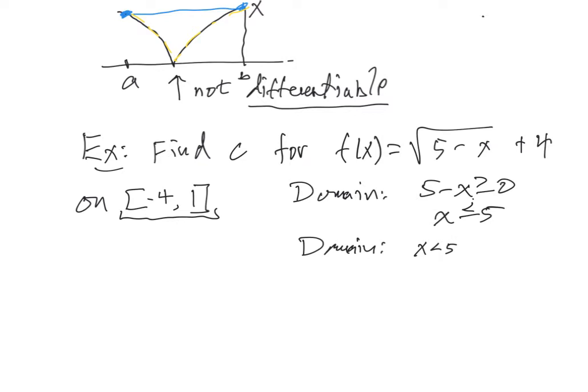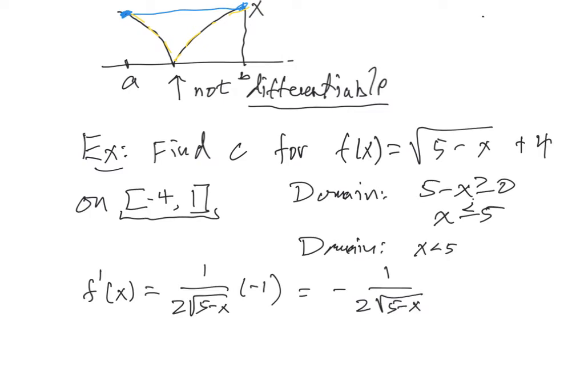I guess we're going to need the derivative anyway to find the value of c, so let's calculate it. F prime of x equals, using the chain rule, remember 1 over 2 square roots times the derivative of the inside. The derivative of 4 is 0. So let's write that as -1 over 2 square roots.